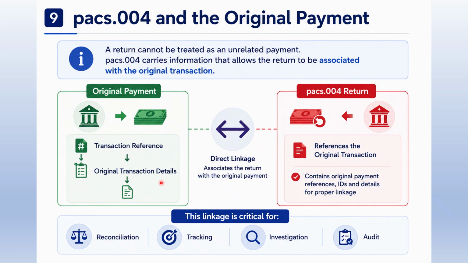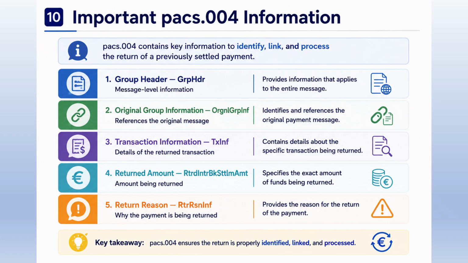This linkage is extremely important. It helps with reconciliation, tracking, investigation, and audit. So whenever a return comes in, the bank needs to understand which original payment this return belongs to. That is a critical part of pacs.004 processing.